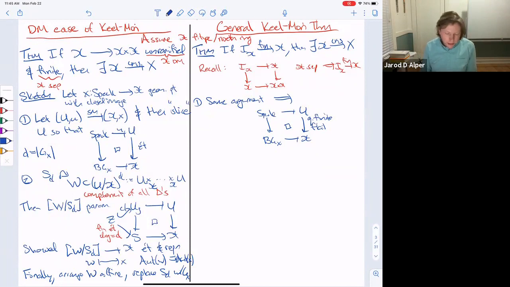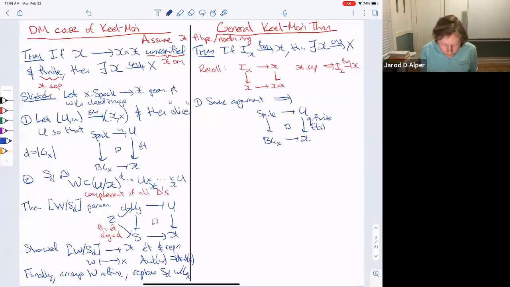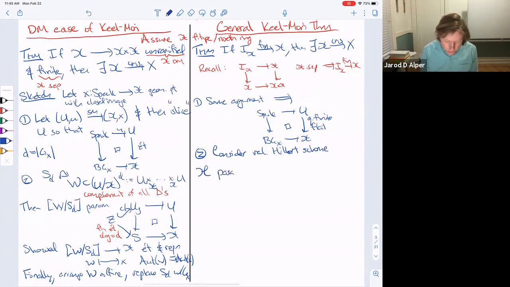So you replace this with something similar, but it's more technical. You consider the Hilbert scheme, or the relative Hilbert scheme. Let's call it H, parametrizing diagrams.